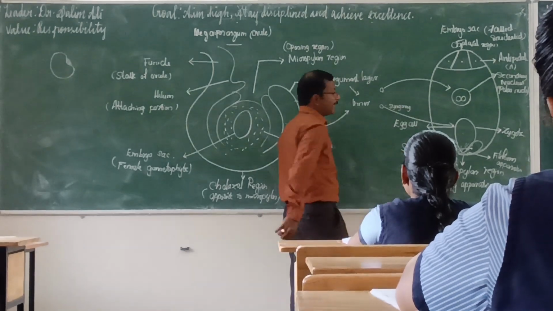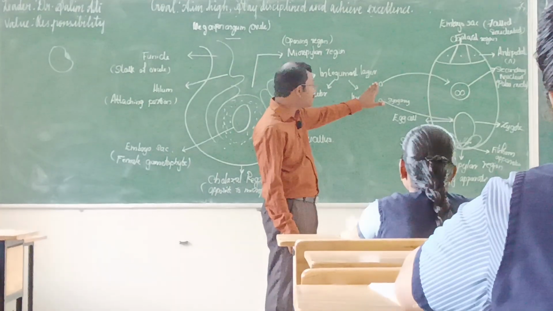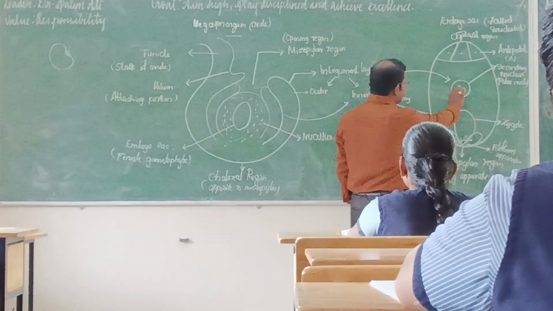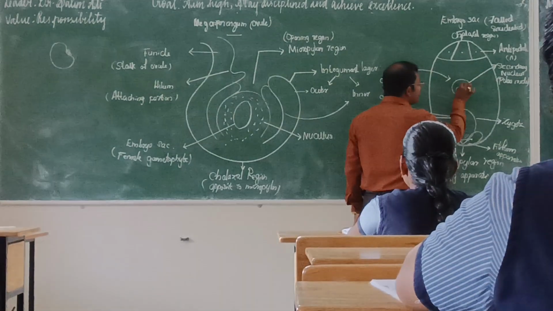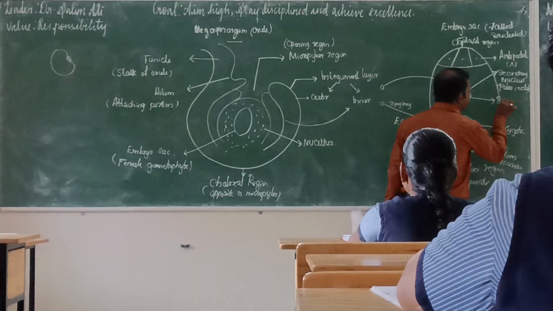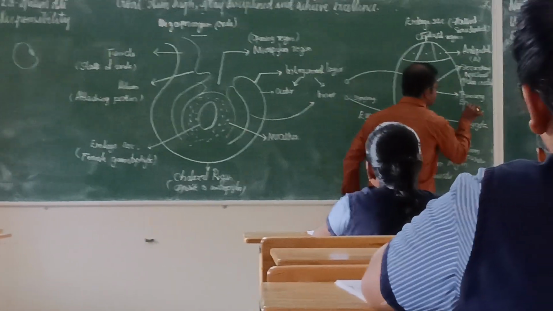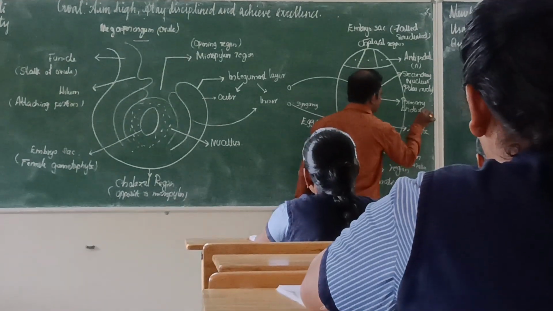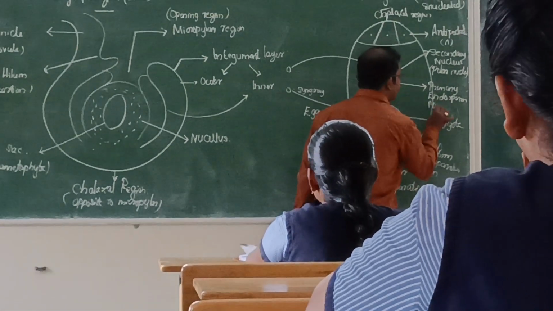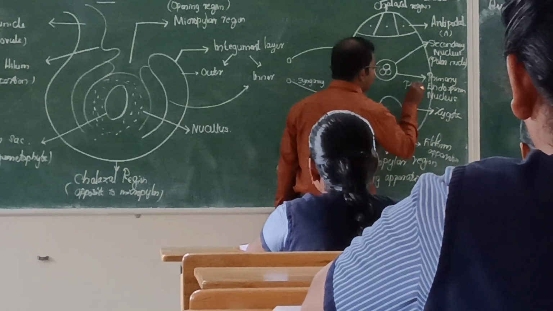Next, the second male gamete fuses with the secondary nucleus and results in the formation of a new structure, and this structure is known as the primary endosperm nucleus, or in short, we can call it PEN, or else one more name.